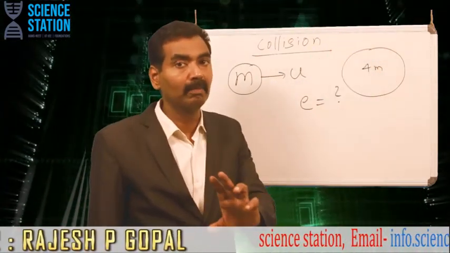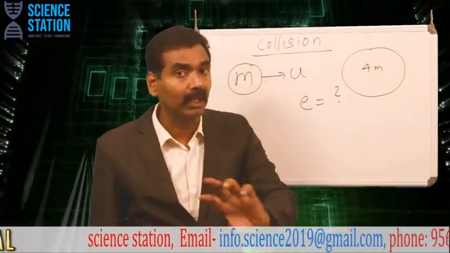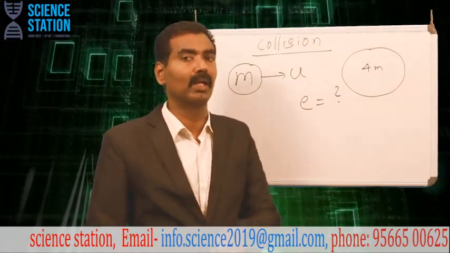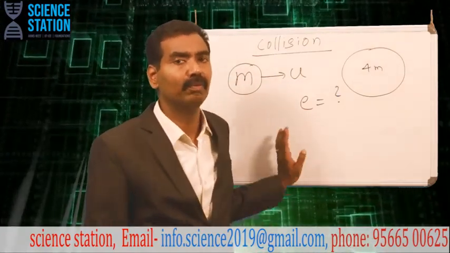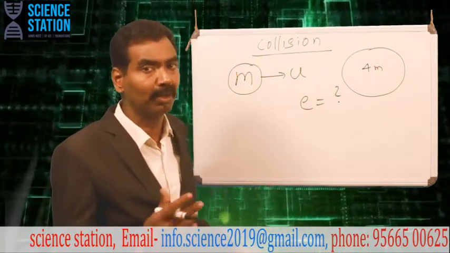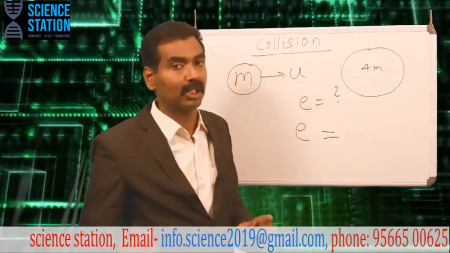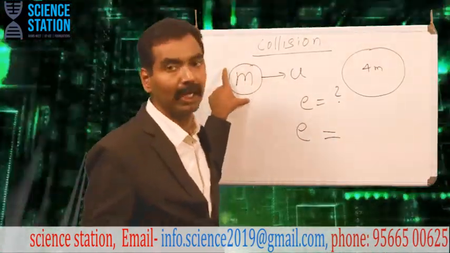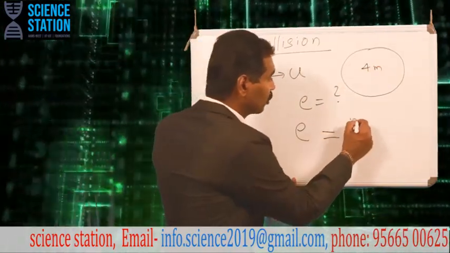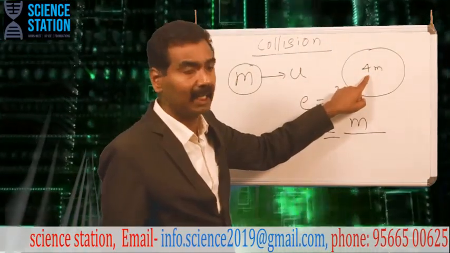In this problem you have to find the coefficient of restitution without applying the law of conservation of momentum, Newton's second law or any other equation. We can find it by a simple technique, and I am going to reveal it. This is a shortcut: the coefficient of restitution is equal to the mass of the colliding body divided by the mass of the target body.